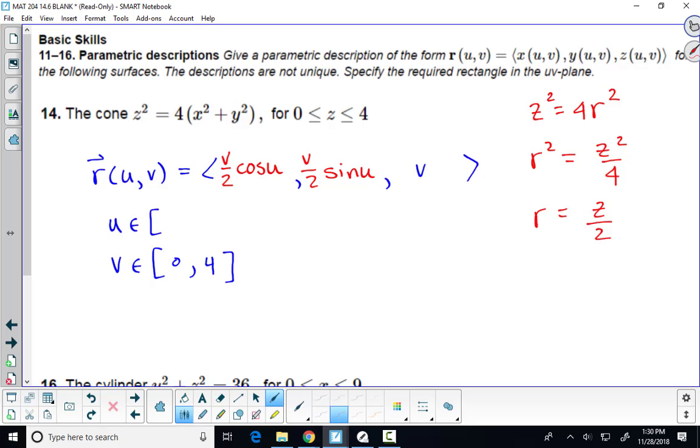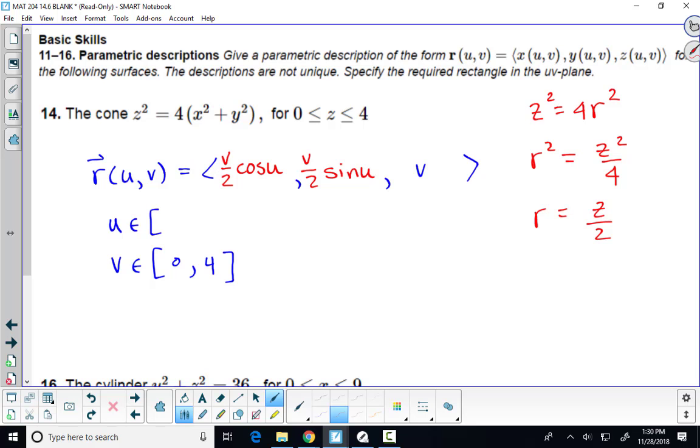And so all I'm doing is taking the radius and saying, well, we need to have different radii. Because if we think about the horizontal cross sections, the circles are getting larger as you go up the z-axis. But the radius of the circles depends on the height.